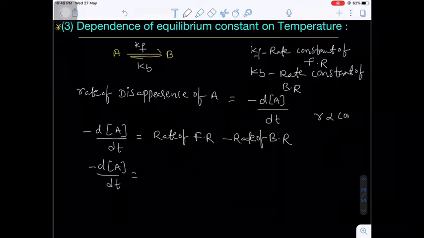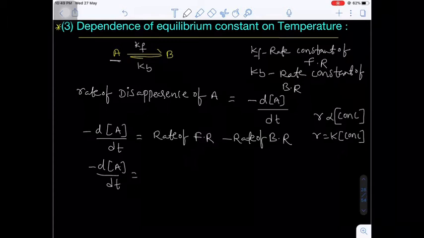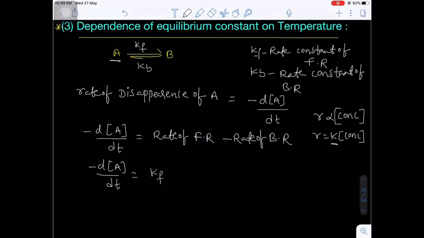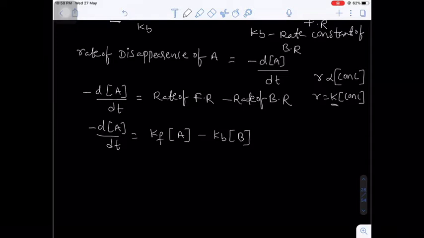We know rate is directly proportional to the concentration of the reactants, so rate equals a proportionality constant multiplied by the concentration of the reactants. In the forward reaction the species is A, so the rate is Kf times the active mass of A, minus the backward reaction, Kb times the active mass of B.